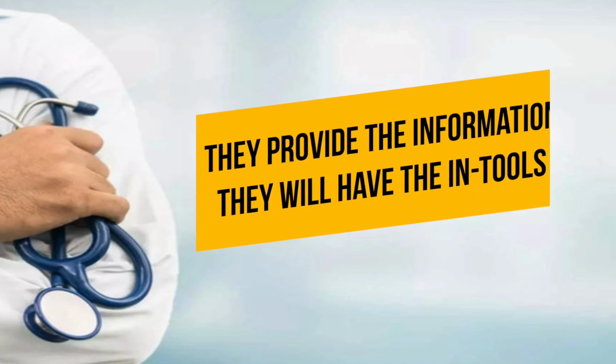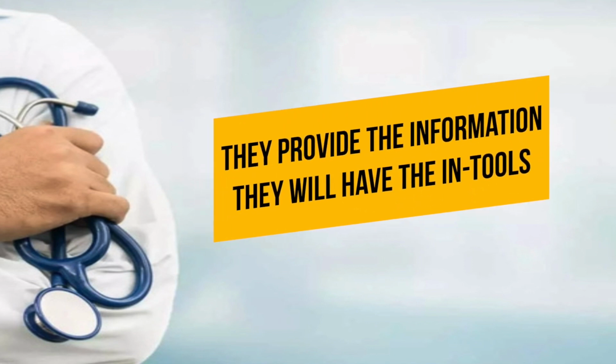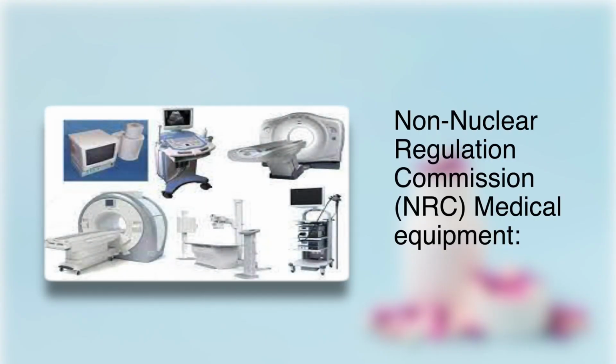Occupational health and safety bodies for hospitals provide information, normally through e-tools, about protecting hospital workers, that is healthcare workers, from radiation exposures. They have authority over non-NRC regulated medical uses.